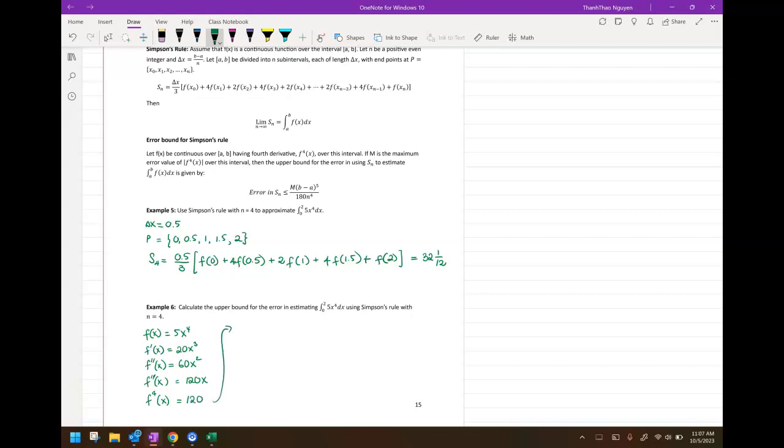This means M is equal to 120. So the error in S of 4 is at most 120 times 2 minus 0 to the 5th divided by 180 times 4 to the 4th. And this is equal to 1/12. Okay.